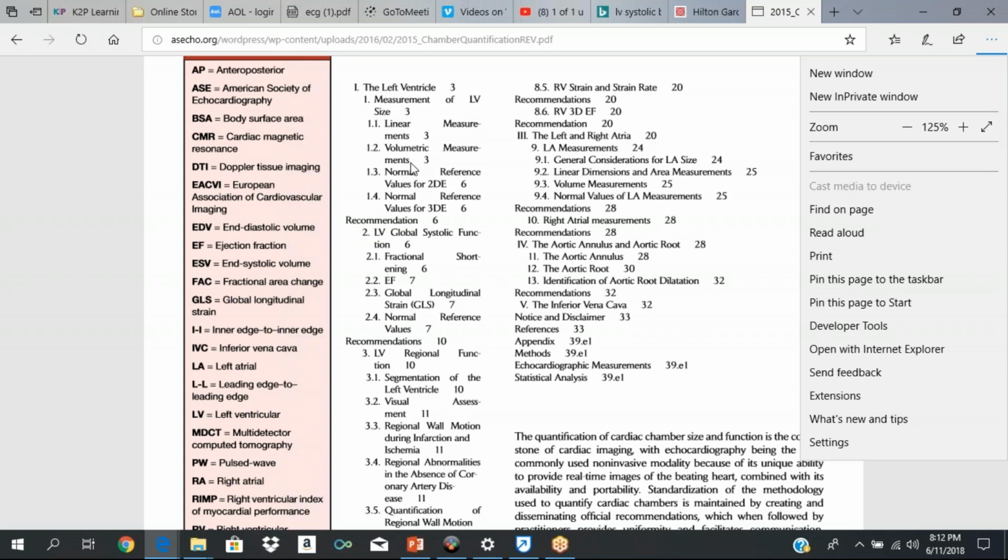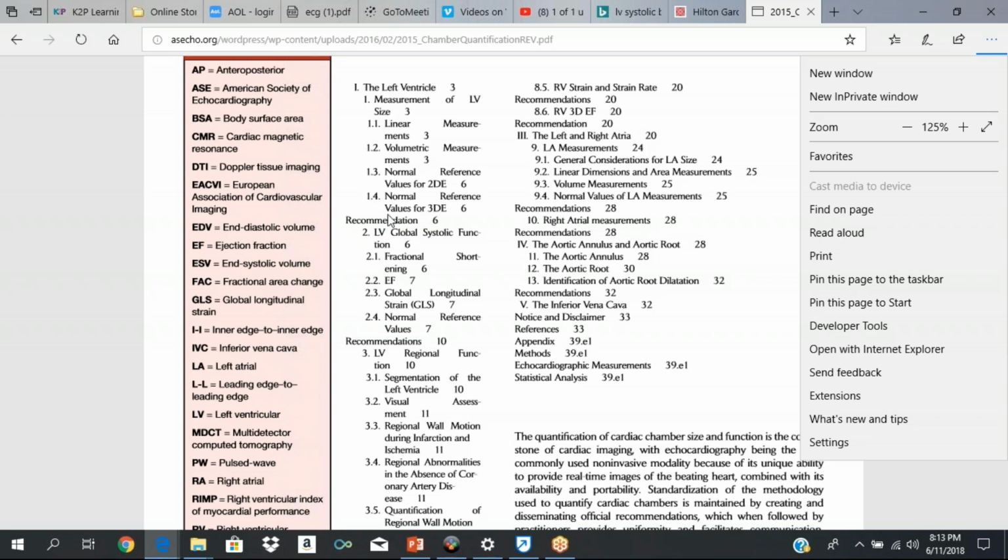The volumetric measurements are mainly when we do our ejection fraction. You can do your volumetric measurement using 2D echo or 3D echo. It's always more accurate to use 3D echo, but not all labs have 3D echo, so you have to know how to use your two-dimensional echo.